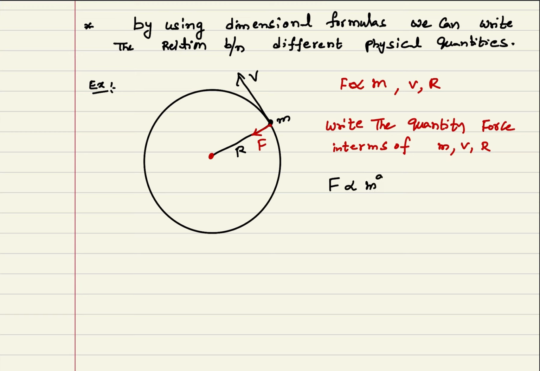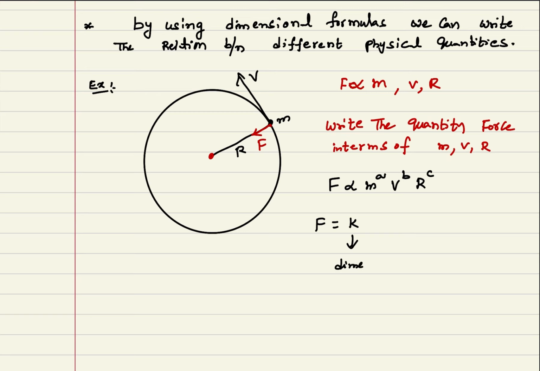I am taking F directly proportional to m power a, v power b, r power c. This is the process. The same process we have to continue for all dimensional relations.